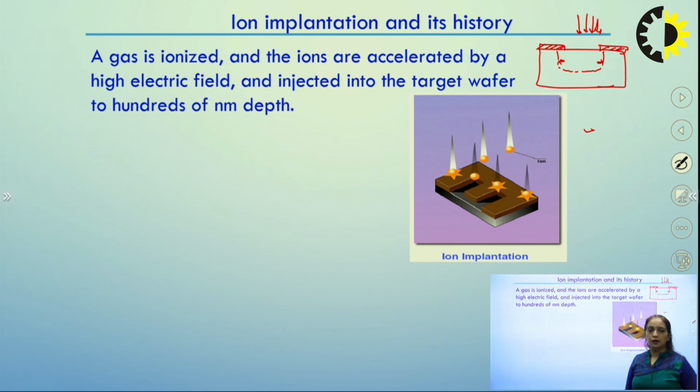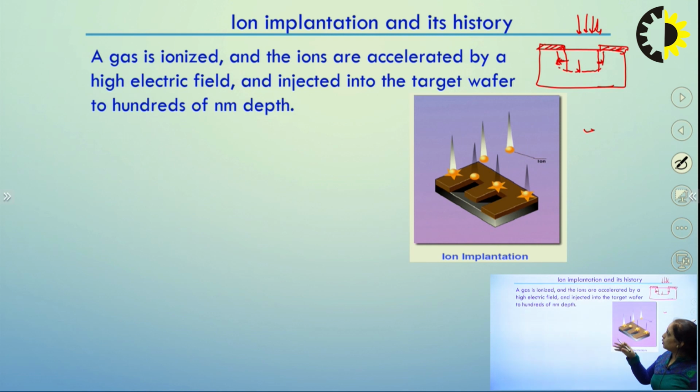It is a kind of isotropic diffusion, where your diffusion process takes place in all directions, in the vertical as well as the horizontal direction. But in case of ion implantation, it is generally preferred to avoid this lateral diffusion, and we should have a precise, controlled doping.